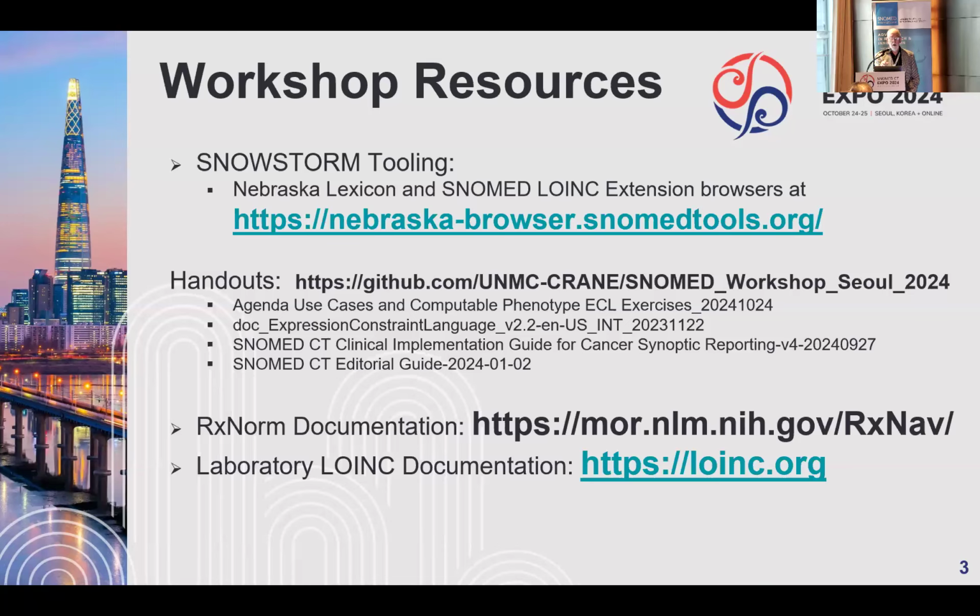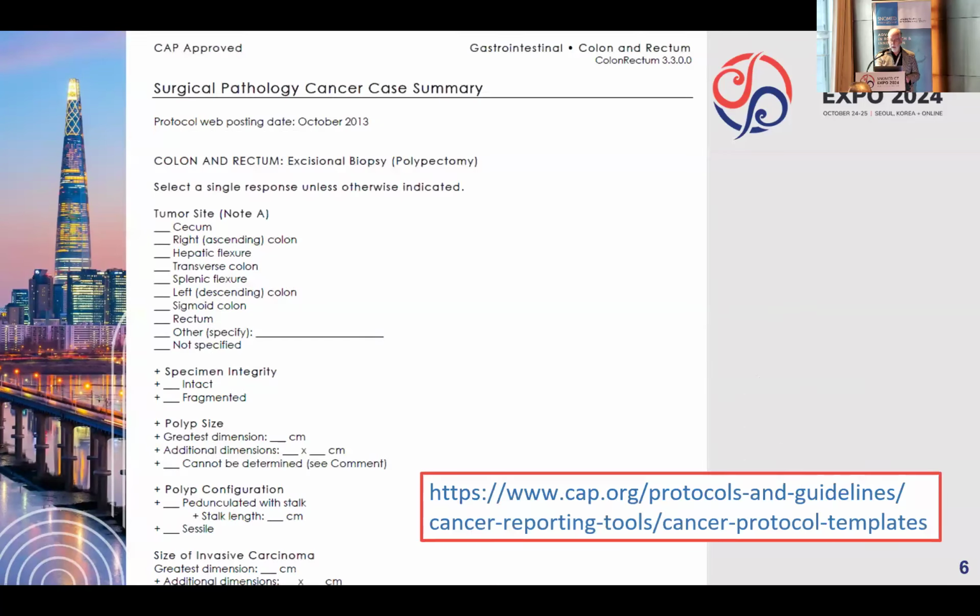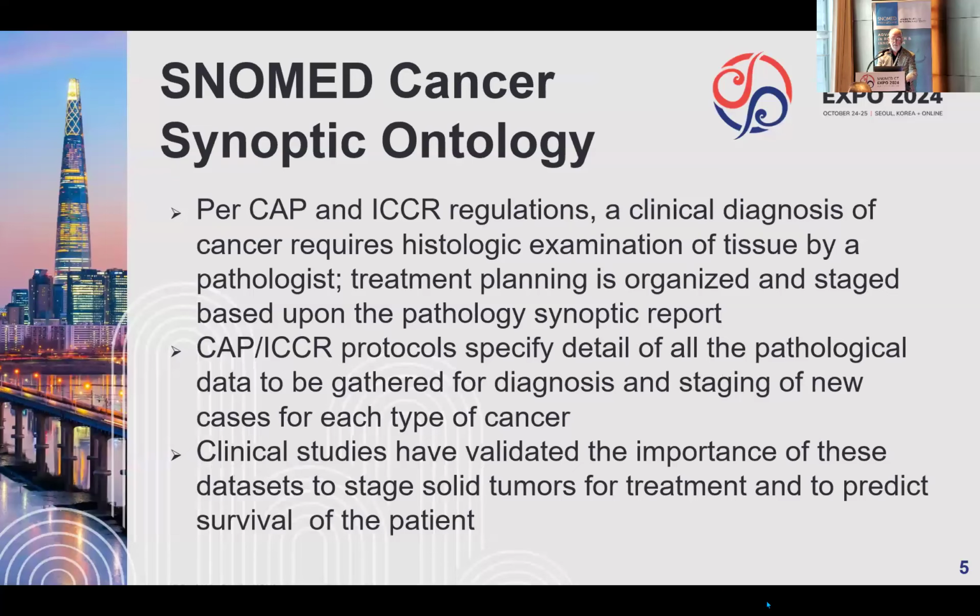In addition, I turn your attention to documentation on RxNorm at the National Library of Medicine, and also LOINC at the Regenstrief website as well, because those are terminologies that we're actively looking at in this exercise.